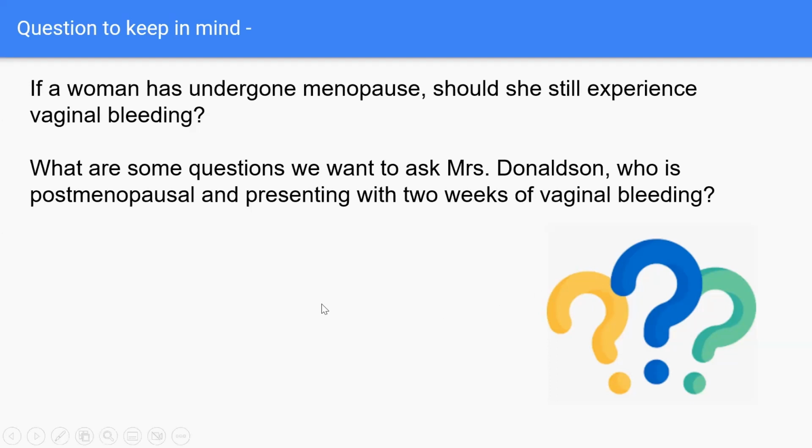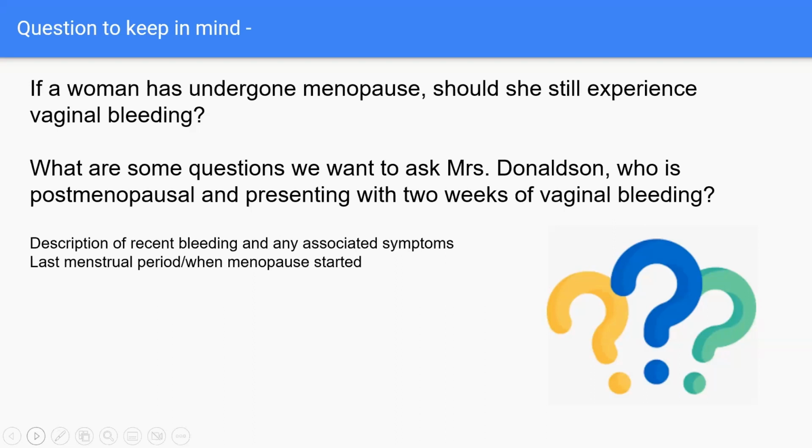So here is what I had for some of the things to ask her. So description of the recent bleeding, any associated symptoms, when her last menstrual period was, even though she is postmenopausal, was it 5 years ago or was it just 13 months ago? And also when the menopause started. If she has any other gynecological problems, right?